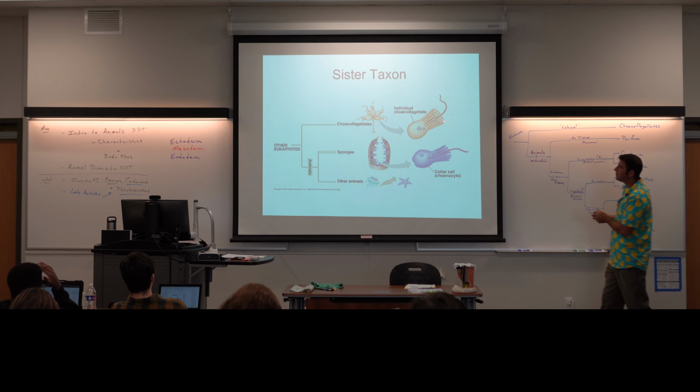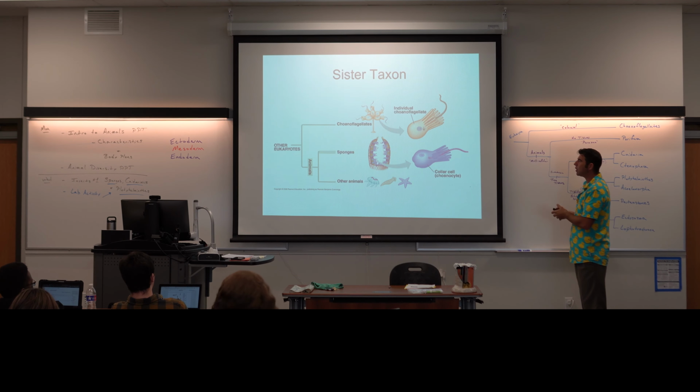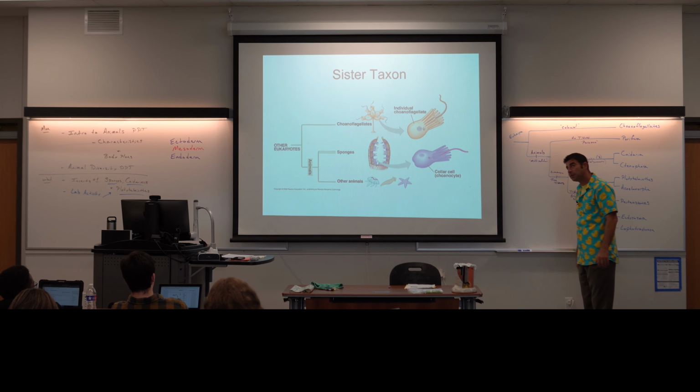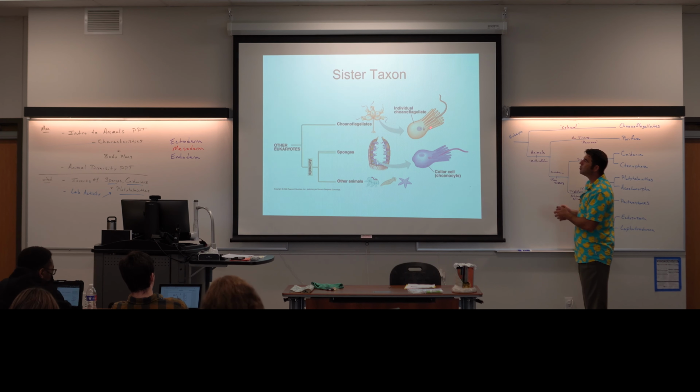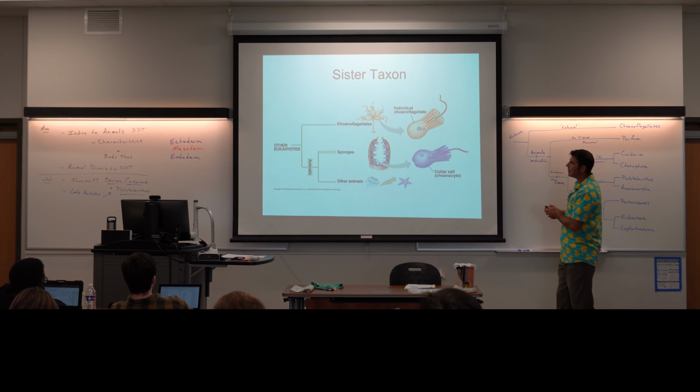You can see they have a flagella that they use to stir up water, and as water gets stirred up, any food particles that are in the water column get trapped along these microvilli. And that's how these cells feed.